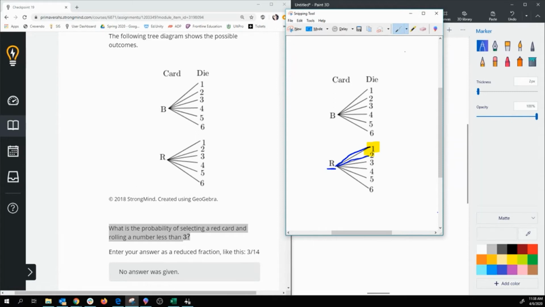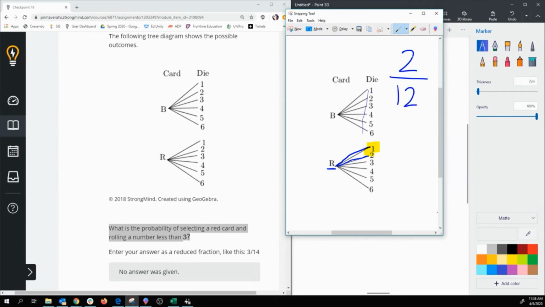So I would have a 2 in the numerator. And how many total outcomes do I have here? If I count all of the numbers in my dice branch, how many total outcomes do I have? I should have 12, right? I have 6 here, and then I have another 6 on the bottom.